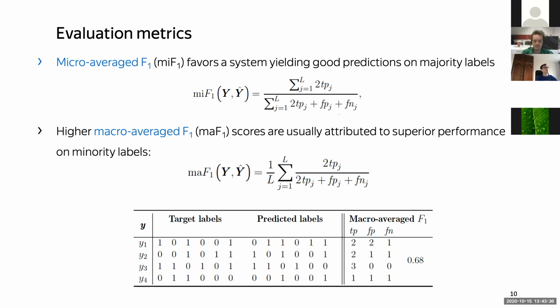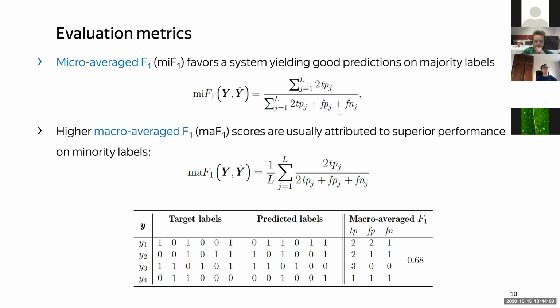Yeah, and just regarding the evaluation metrics, we compute here a micro averaged F1 and macro averaged F1, and the difference is that micro averaged F1 is sort of biased towards the more frequent labels, and macro averaged F1 treats the labels as equally important.